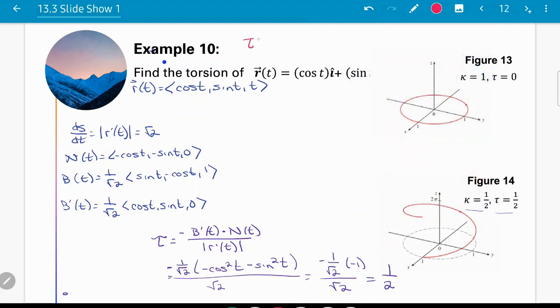And so torsion is going to be the magnitude of r'(t) cross r''(t) dotted with r'''(t) over the magnitude of r'(t) cross r''(t) quantity squared. I'm going to go back and add all my little vector notations in here.